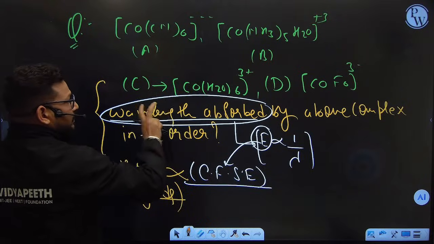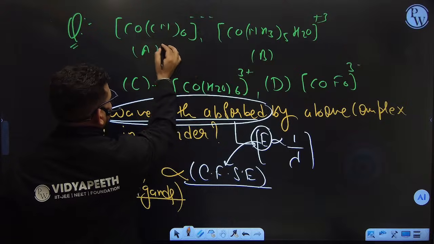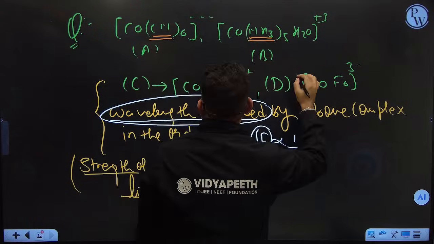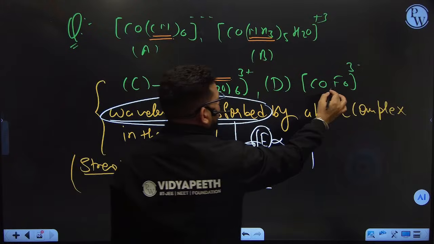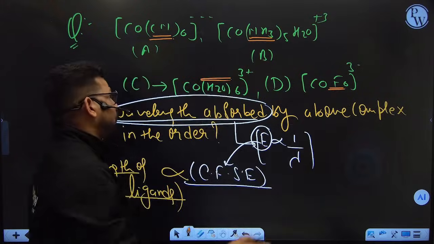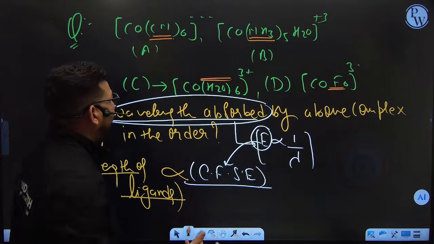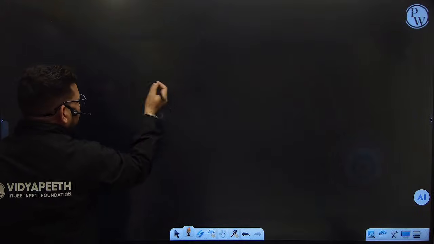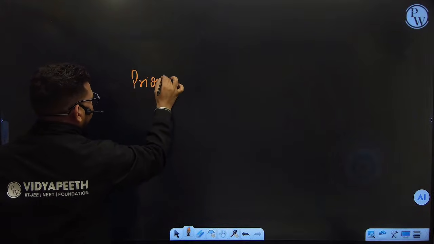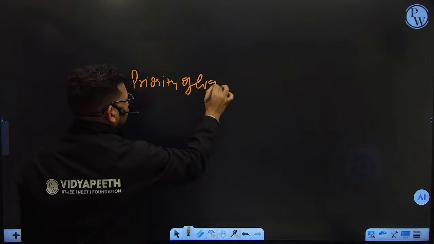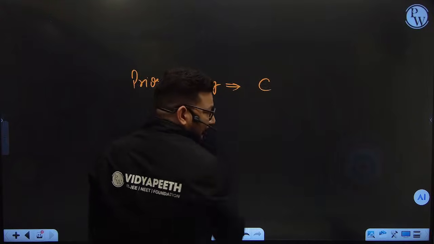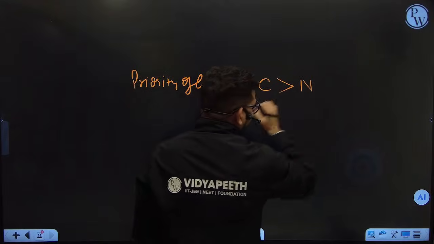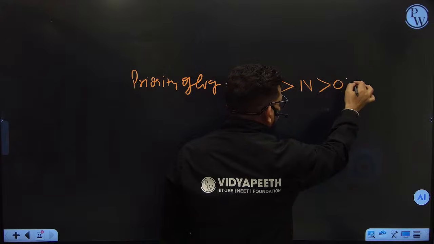what is the actual order of the strength of these ligands? The first ligand is cyanide, the second is ammonia, the third is water, and the fourth is fluorine. If you go with the priority order of the ligands, I hope all of you are aware that you can arrange them like this: the donor carbon is the highest, then the second is nitrogen, then oxygen, then halogen.